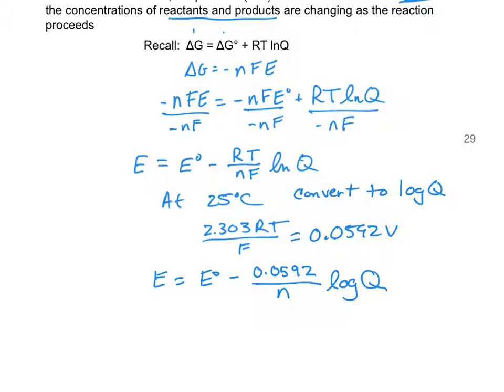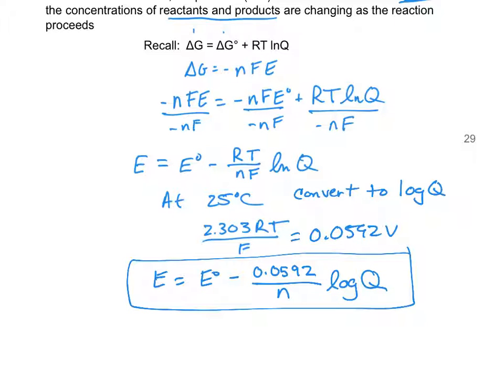Log base 10 tables and slide rules were what they would carry around to do their calculations, since natural log was a little more challenging. It's actually easier to do a log base 10 calculation, so that's why we're converting everything. You'll see equations like this, referred to as the Nernst equation. I know this one will be on the exam.